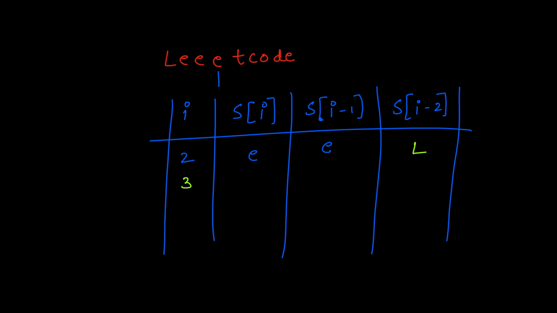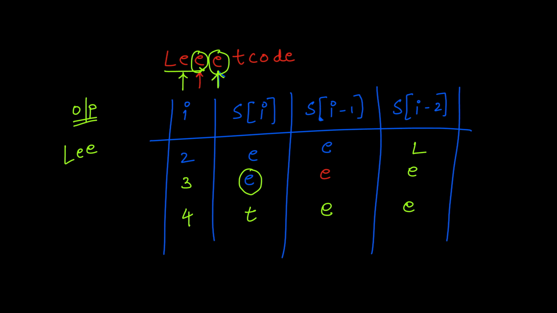This time S of I is pointing at E but at position 3, while S of I-1 is also pointing at E at position 2, and S of I-2 is also pointing at E at position 1. As S of I is equal to both S of I-1 and I-2, we cannot include S of I in our output as it will make the output a non-fancy string.